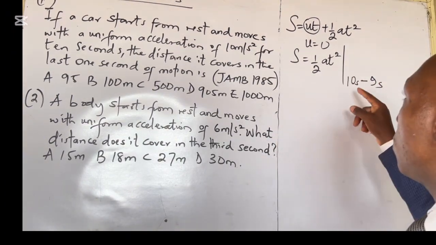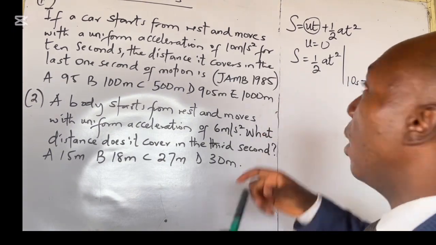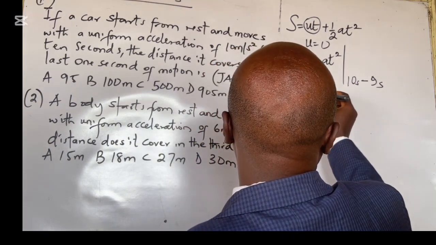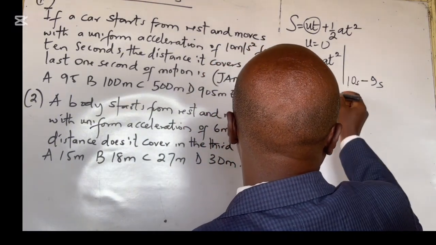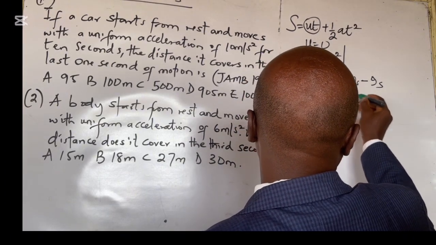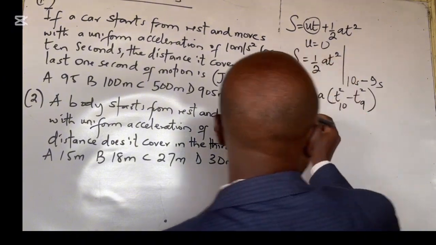So let's substitute the time here. So if you did this very well, now we have S is half A, our time for the first one, T squared, that's for 10 seconds, minus T squared for the 9 seconds. So let's finish it up.